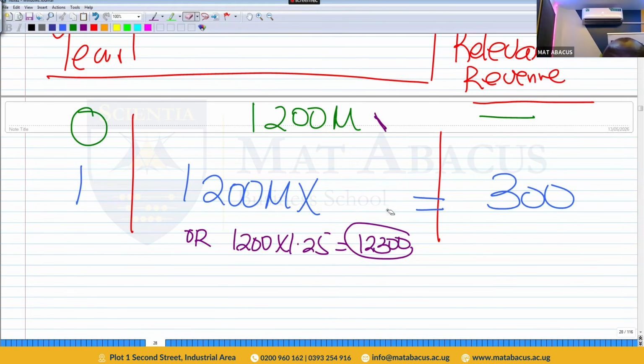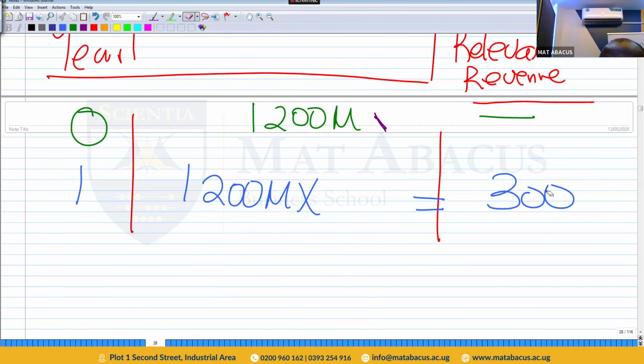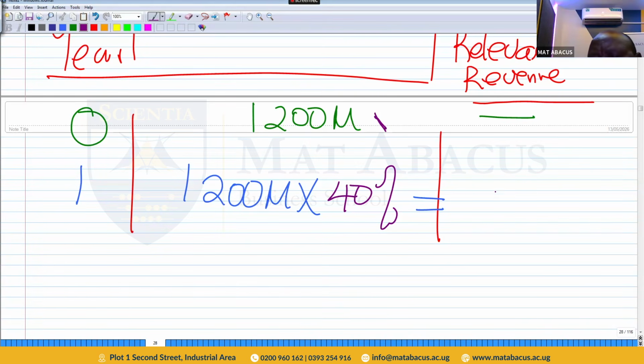We need to rub off that and do 40%. So I'm going to multiply by 40%, and when I do that, I get 5,000.